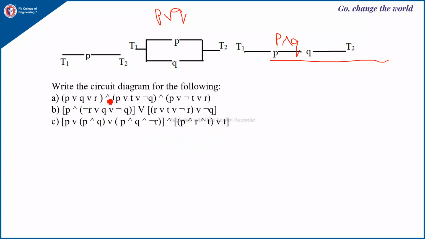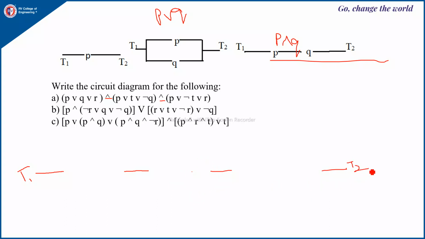Now here you have to observe that the outer expression is AND. So it will be, this is my T1. This is the first expression, second expression and third expression. This is my T2.